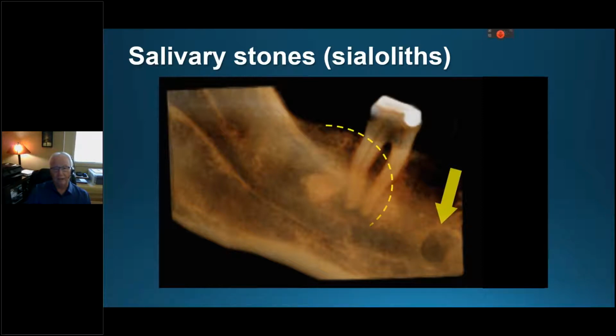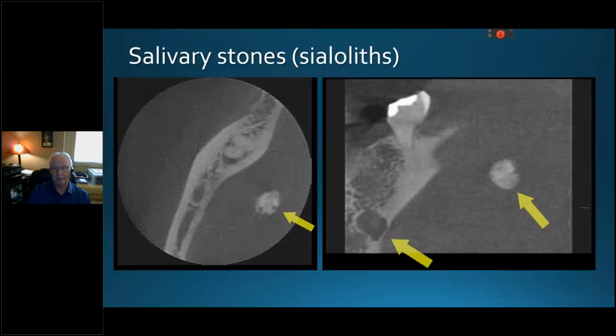However, when we did the actual 3D imaging of that region, it became very clear that on the axial plane of section, you can see there's a big old salivary stone or sialolith. And in the sagittal view, in this particular reconstruction, you can see the stone itself. And we pick up now this radiolucent region that's engaging the cortex of the inner portion of the mandible.